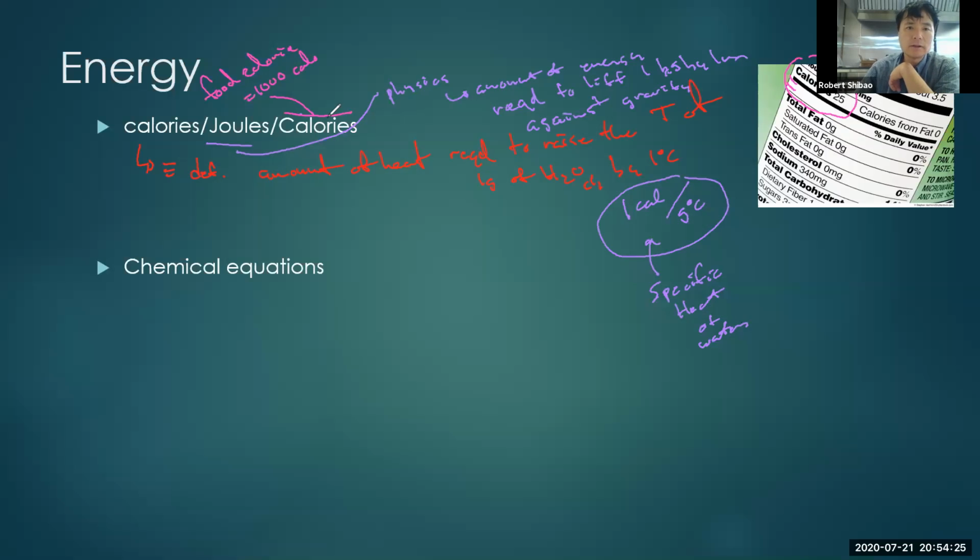So 1 food calorie is 1,000 calories, which is 1 kcal, which is equal to 1 kilocalorie. The amount of energy required to lift 1 kilogram by 1 meter against gravity. That's what that's supposed to say.